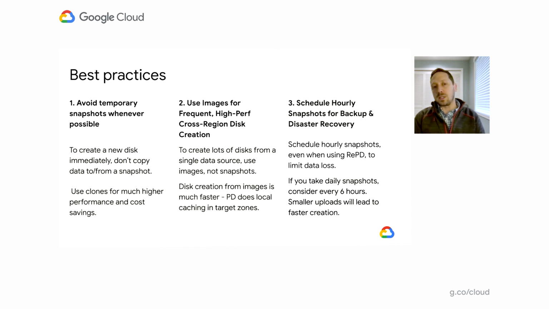The other thing to consider is some customers like to take daily snapshots, which is great. If that frequency can be increased so that snapshots are taken, let's say, every 6 hours or 12 hours instead of daily, that will lead to smaller uploads rather than uploading all of the changes for the last day, and that'll support faster snapshot creation times.